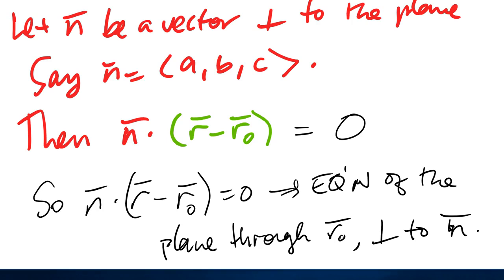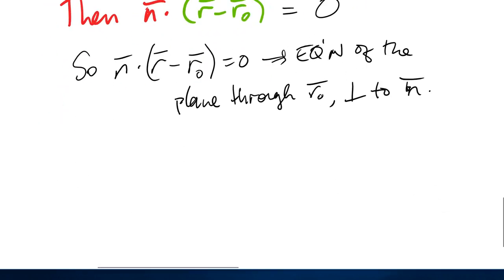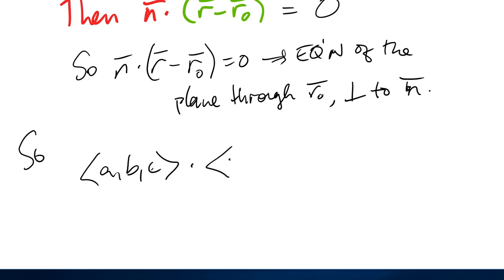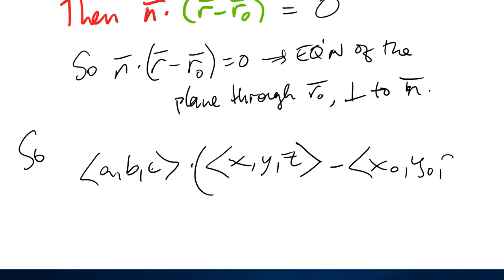Okay, so if we let n be ABC, so ABC dotted with r is xyz minus r naught is x naught, y naught, z naught as a vector.